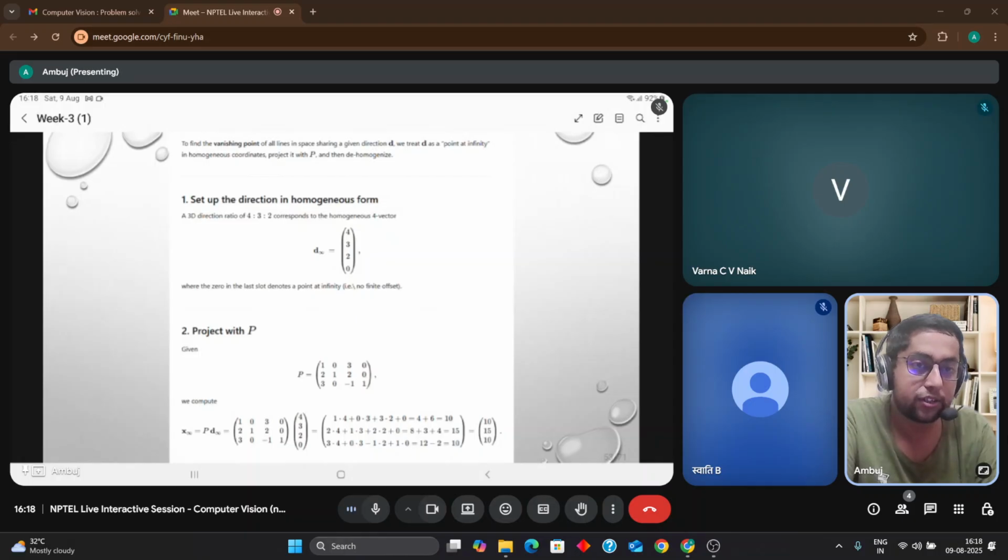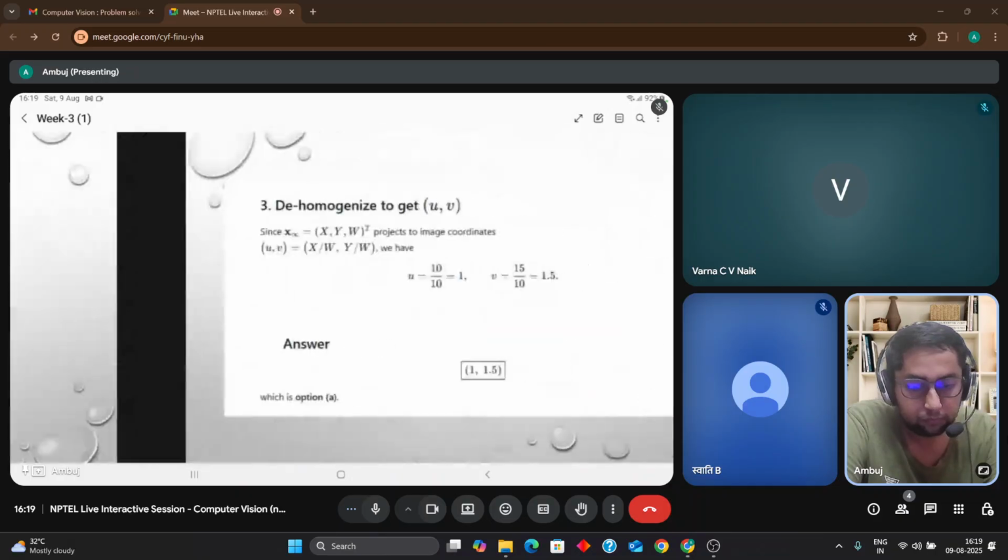A 3D direction ratio of 4, 3, 2 corresponds to this particular homogeneous vector. Project with P, which is already given to you. You compute P into D infinity, multiply all the values, and you will get 10, 15, 10.